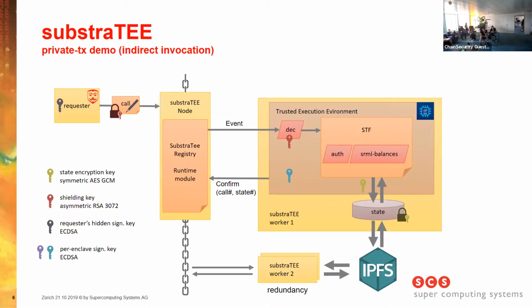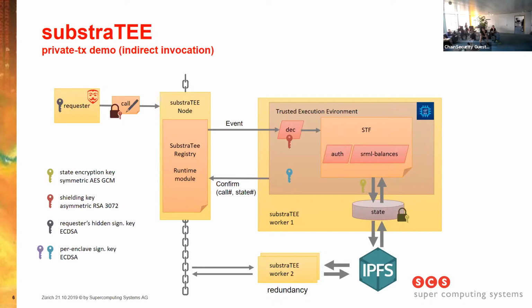So that means we have an opaque call. The validator of this blockchain doesn't see anything. It just forwards an event to our TEE. In the TEE, it gets decrypted, and then it enters the state transition function.